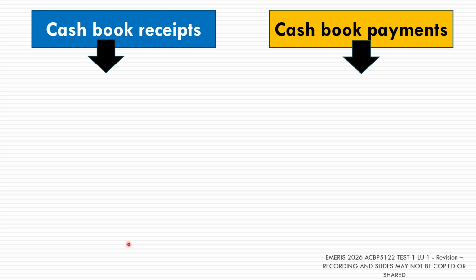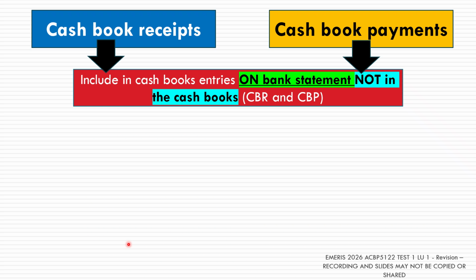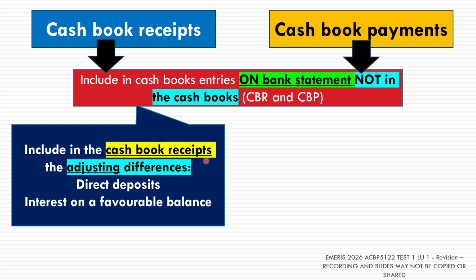So who can remember, if we're updating the cash books, what are we specifically looking for? We are looking for items on the bank statement, not in the cash books. Remember, the accounting word for that is adjusting differences.